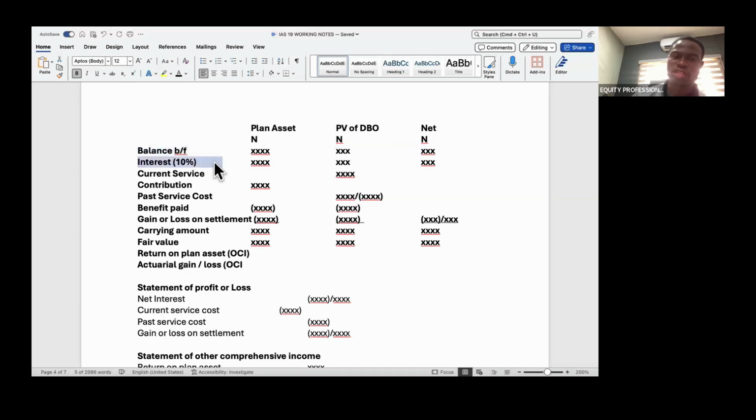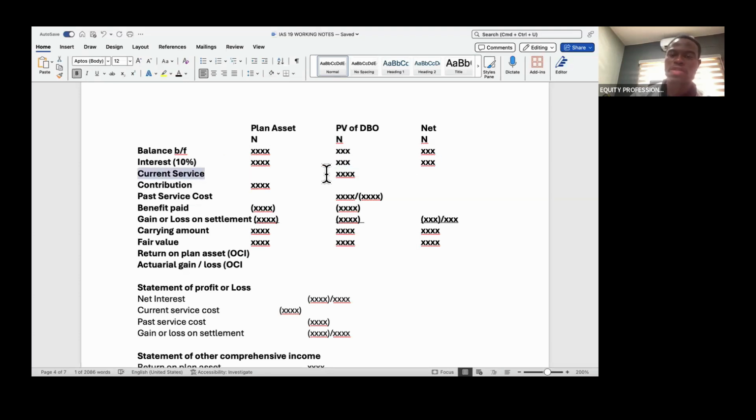You charge interest to unwind the discount. Any interest you charge on the opening plan assets is like an interest income. The interest you calculate on the opening defined benefit obligation is like an interest expense. Usually what goes into the books is the net interest, which is the net of these two.